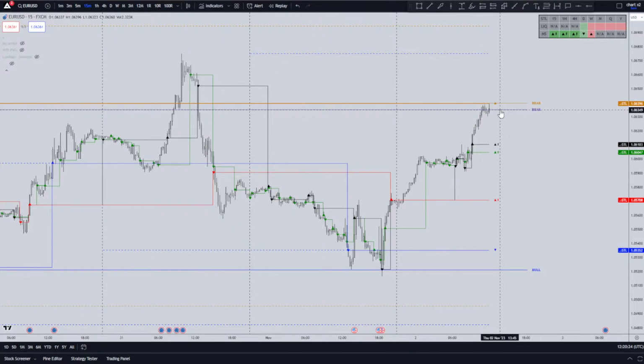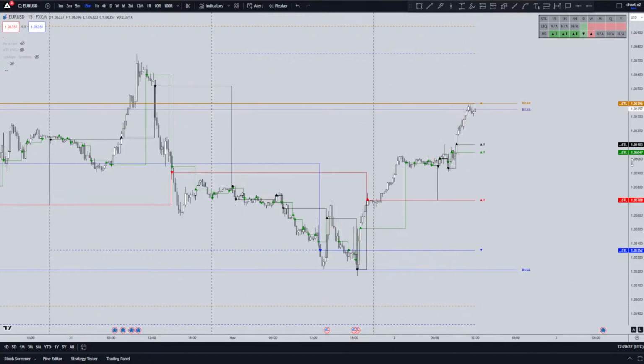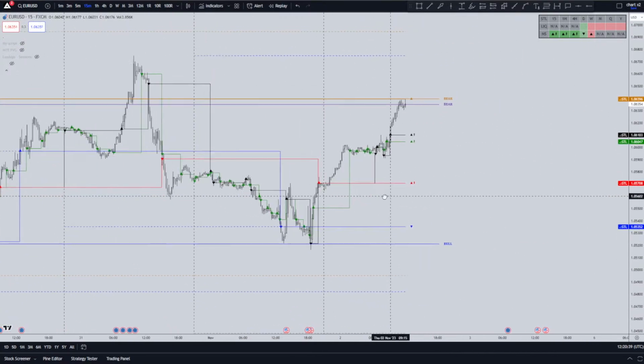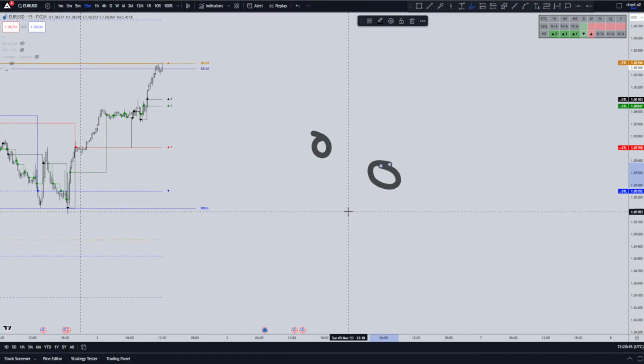Alright, let's cover the market structure, liquidity, breakout stuff. So basically, the easiest way to grasp it is, as we said before, you always need 2 reference points for context.